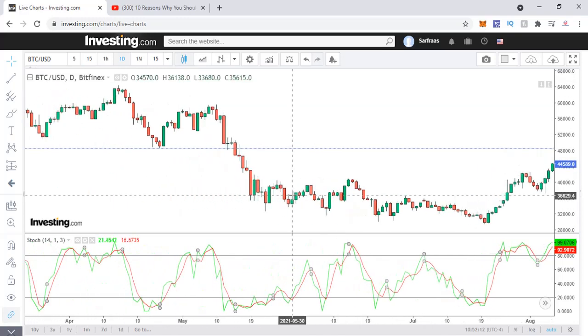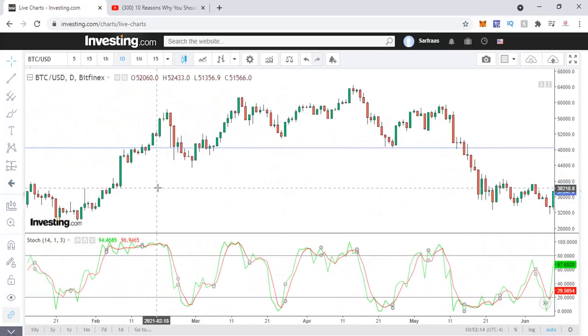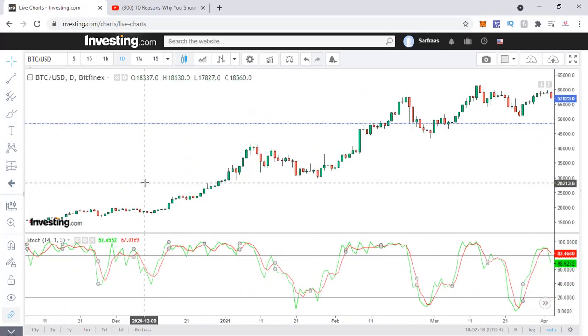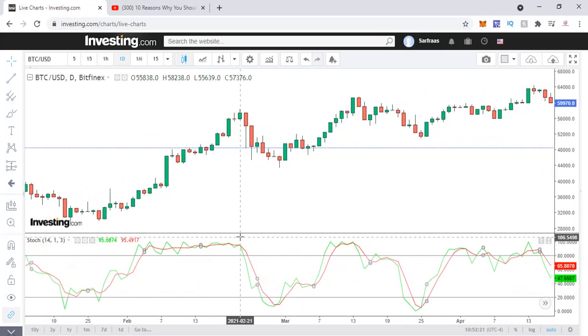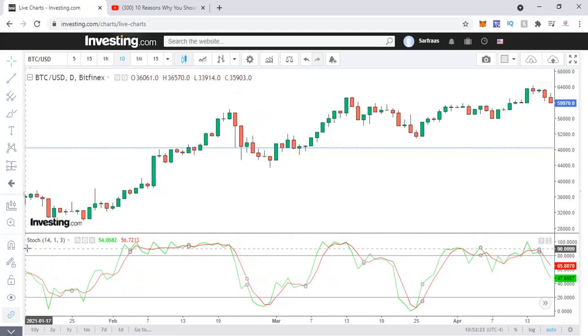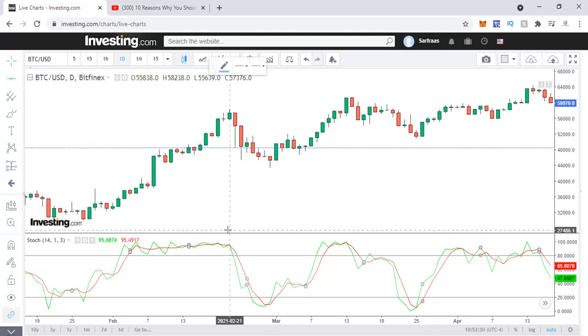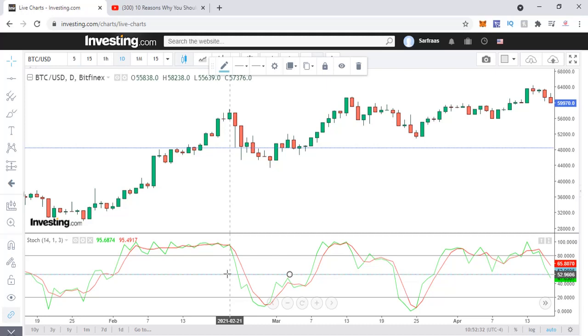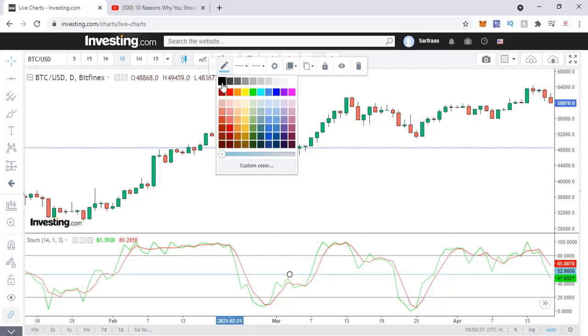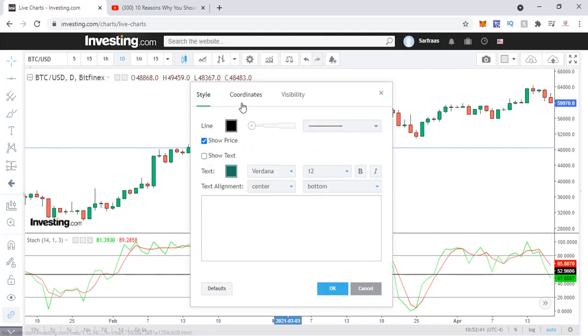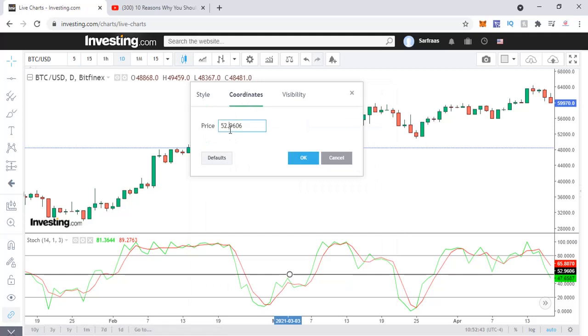And just like in the case of RSI, you can also have an additional horizontal line at 50 here. So let's change the color to black. The coordinate is 50 here, default.